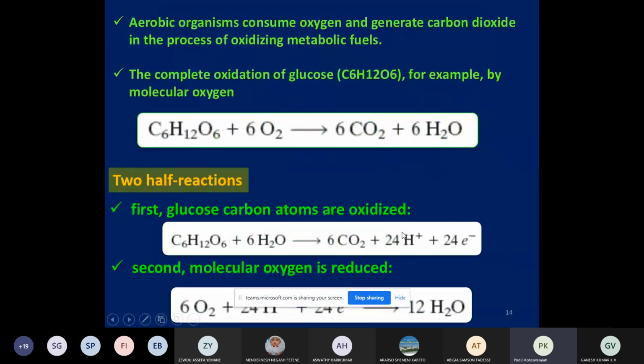Then we discussed the electron transport chain. The electron transport chain is the process in which the high energy molecule ATP is produced.